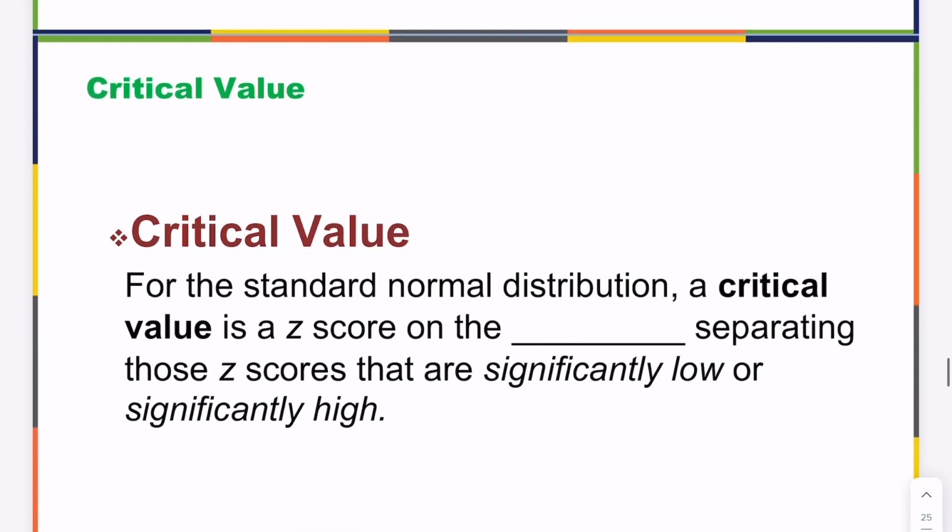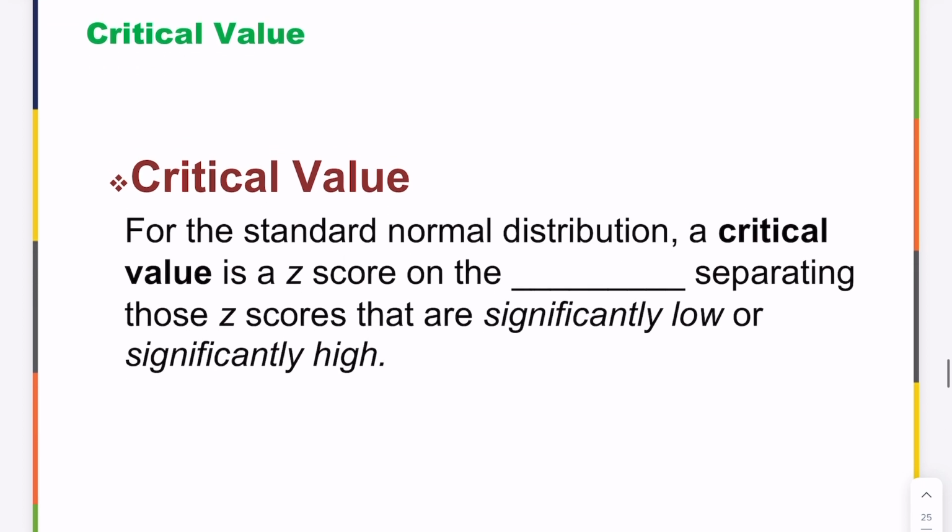Okay. Now a critical value. For the standard normal distribution, a critical value is a z-score on the borderline separating those z-scores that are significantly low or significantly high. There it is again, significantly low, significantly high.